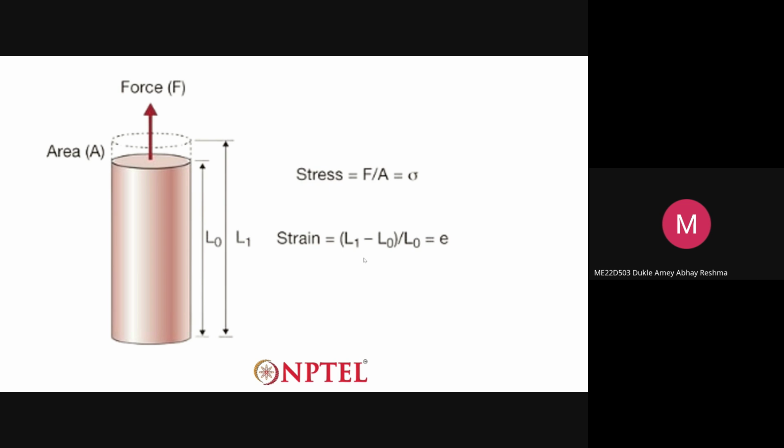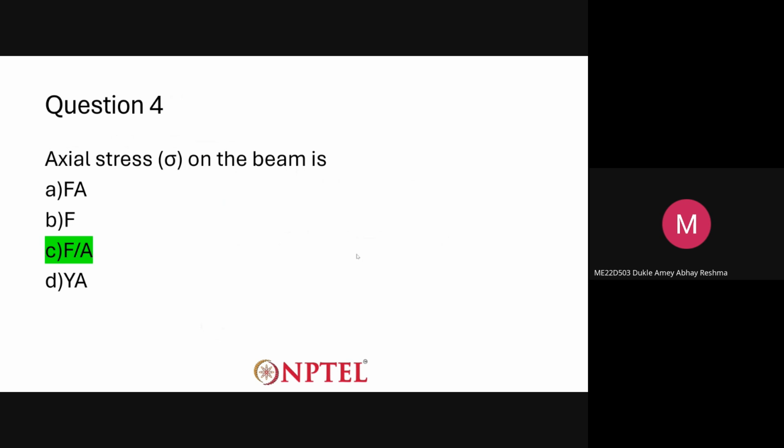What is developed internally is called stress. Stress is the force upon the cross sectional area, and strain is the change in length upon original length. So the stress is given by option C, F by A.